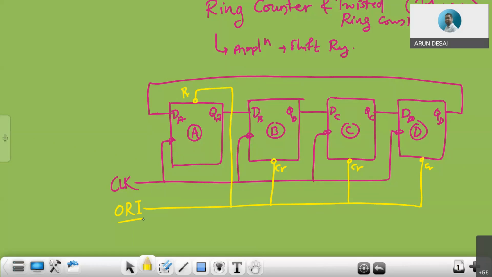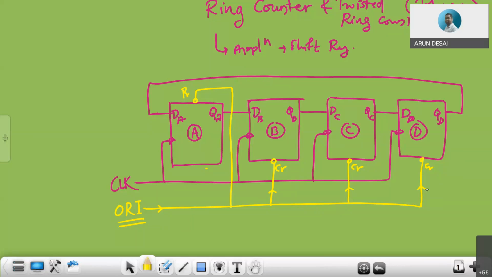So why is it called an override input? Because for all 4 flip-flops, the first flip-flop becomes preset by this override input, and all others become clear.